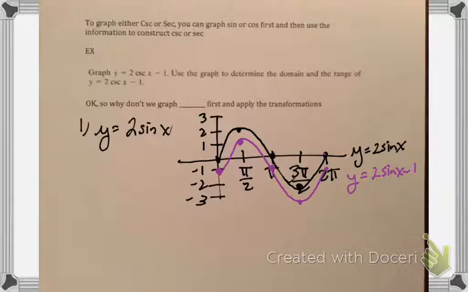Okay, so the purple graph is what I'm going to use. I'm going to set up the asymptotes next because I've already graphed out sine. The asymptotes for cosecant occur at values of pi and 2 pi and at 0 if we're going for that.